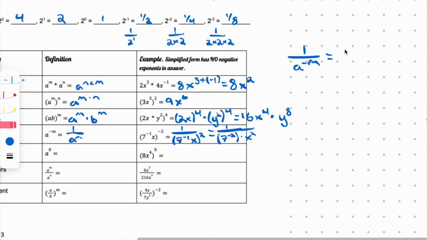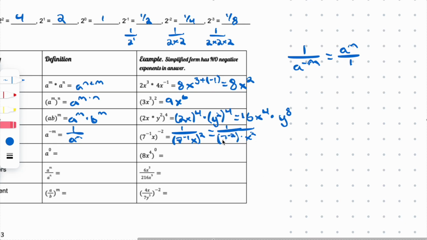I'll just write this as a to the mth power over 1, or just a to the mth power. So it may be easier to think of, especially once we get to more complicated problems, this negative exponent as just allowing us to put it on the numerator when it's already on the denominator, or on the denominator once it's already on the numerator. So just switching back and forth.